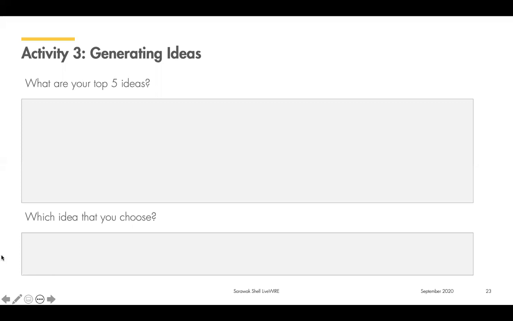And which ideas did you or your team choose to move forward with? So that's the 3rd activity. We have 4 activities altogether. They're not hard activities. They're quite simple, actually. Just 2 questions or 1 question each. So now I'm going to open for any questions. Please post your questions on the chat group as you have before.